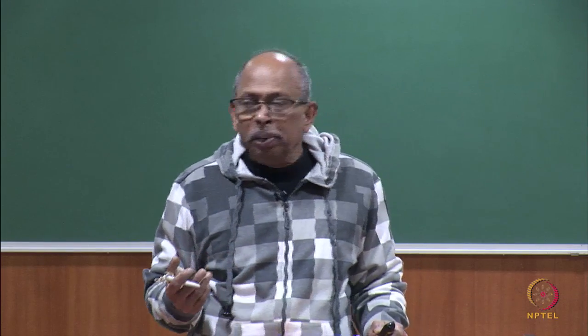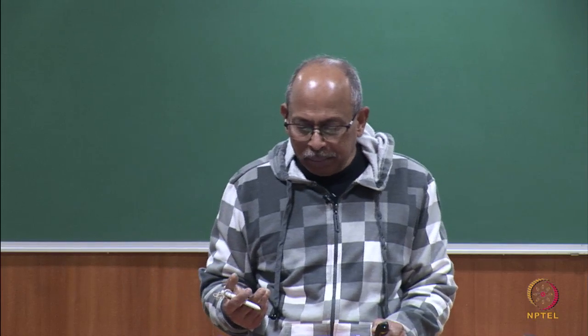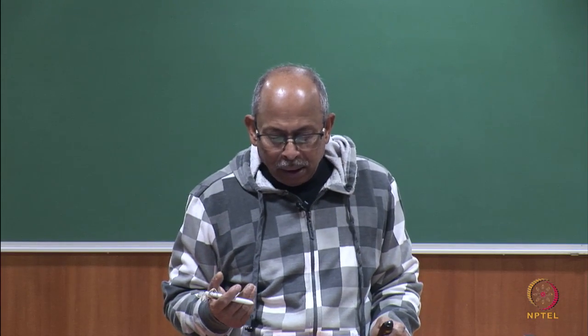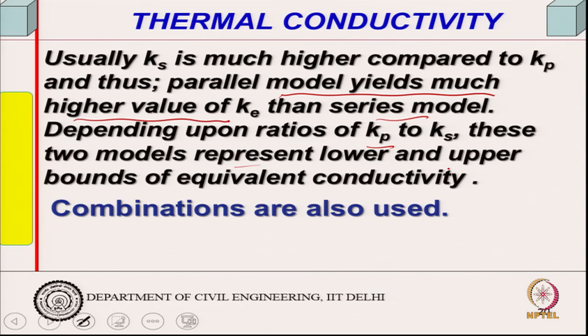So, one can use combinations, that is what people sometimes try to do, you will find in some of the books, combinations, for example, they will like to put some factor. So, the combination would be Ke would be something like some factor, let us say lambda, into the model that was there, Kp Ks, we had two models.